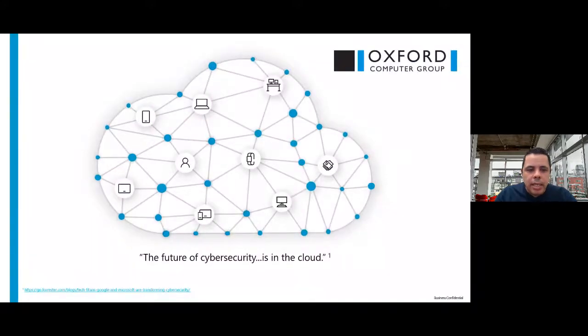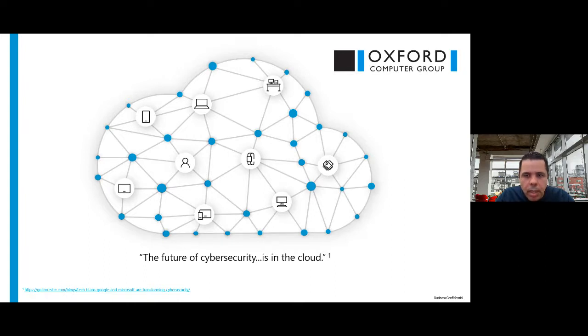With all that said, as Forrester said in a recent paper, taking all of these things together, the trends that we've outlined represent a shared challenge to IT security, and basically that the future of cybersecurity is in the cloud. And Microsoft's trusted public cloud is uniquely suited for this challenge, and that's due to its simplicity, its speed, and its scale.